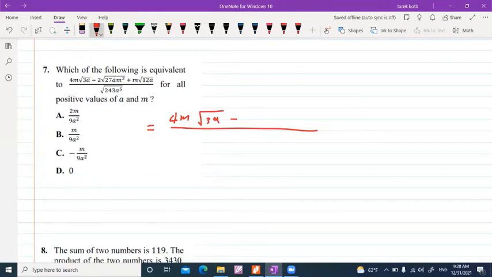This m squared can go outside the root as m. And this 27, by the way, is 9 times 3. The square root of 9 is 3. 3 times 2 equals 6. So it's 6m root, and this will be kept under the root and also the a.